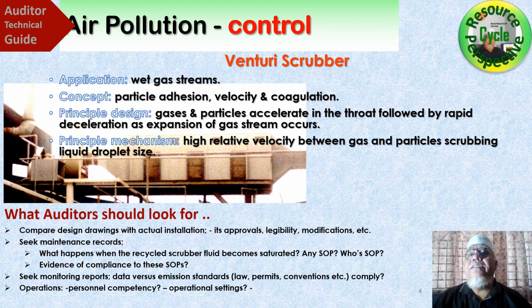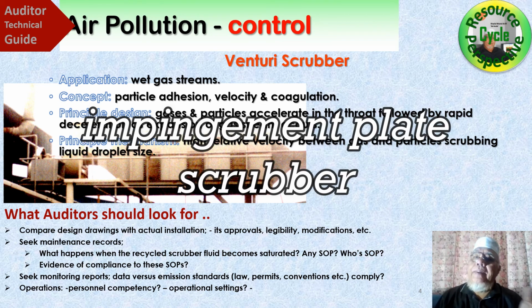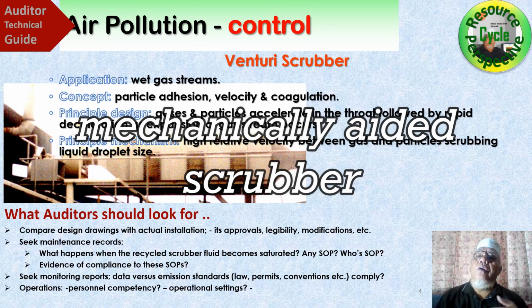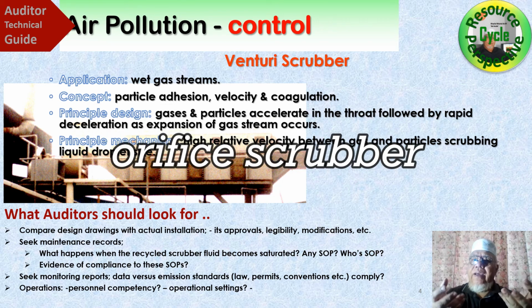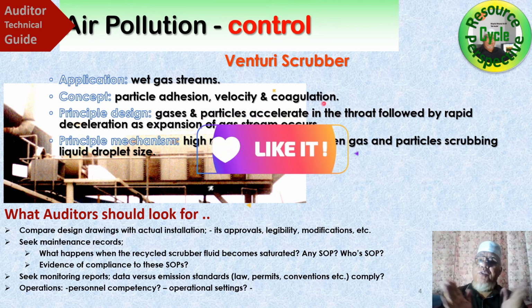So if you are keen to know of other varieties of this scrubber system, you may look out for it, such as condensation scrubber, impingement plate scrubber, mechanically aided scrubbers, orifice scrubbers, and there are many others within the types that I mentioned. It can be interesting for some of you.